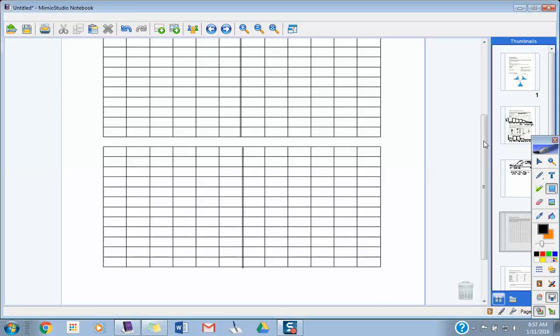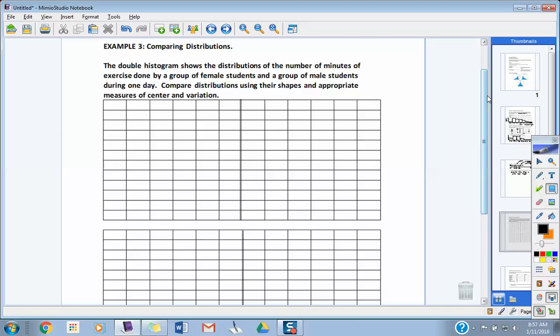Okay. Can I look at somebody's graph real quickly? Yeah, there's a vertical thing right here. 4, 2.